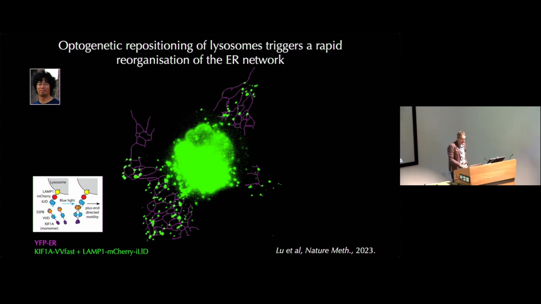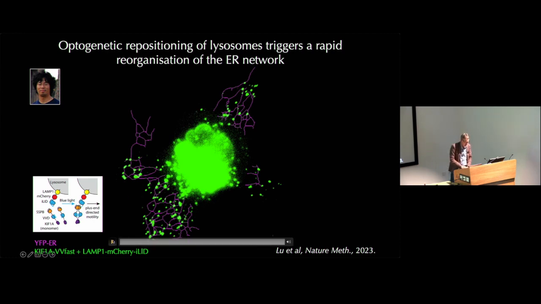In magenta, you see the ER network, and we used an algorithm that we have available to skeletonize the ER and make it visible. So this is a reconstruction from images, but it's easy to see this. And as soon as I put the light pulse on, the motors will drive these lysosomes out towards the cell periphery, and you will see how the ER network reconfigures as a result of this.